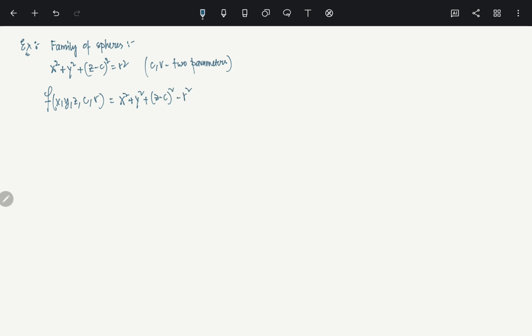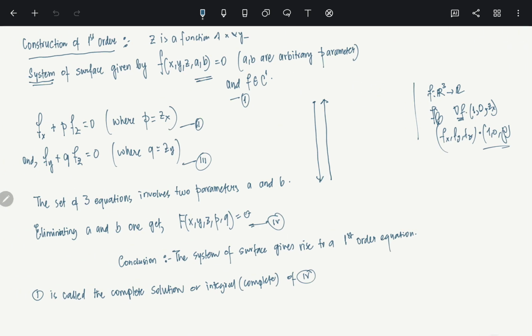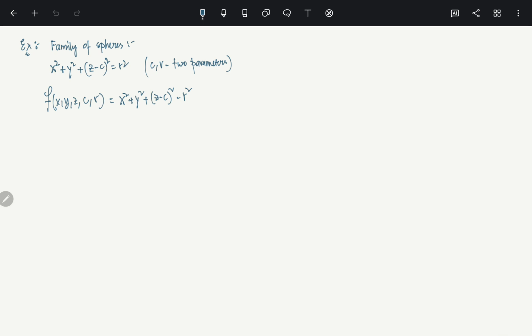Now we have to do what? Initially, you remember, to get 2 and 3, we differentiate with respect to x and with respect to y. The first relation is fx plus p fz equals 0. So what is fx in this case?